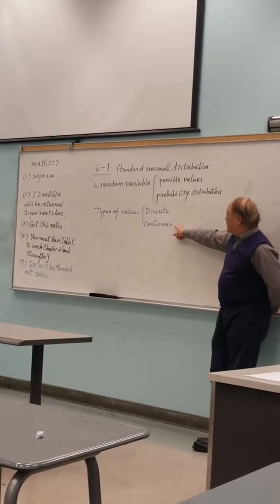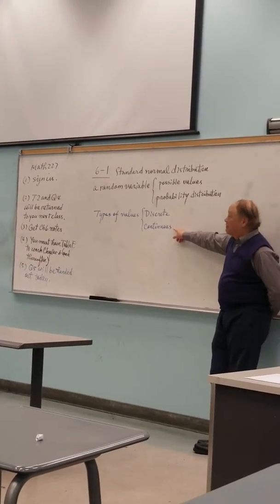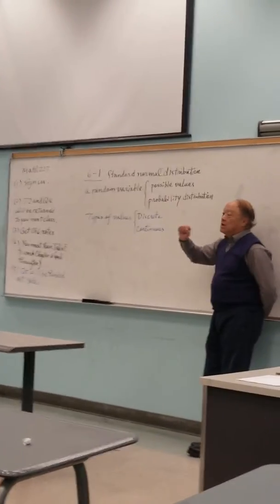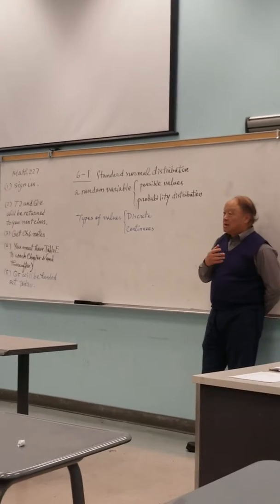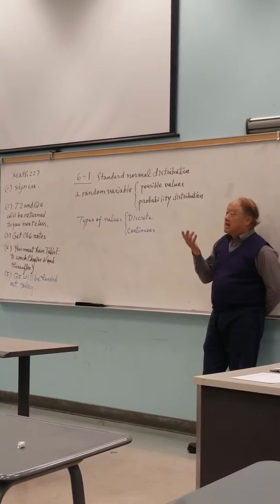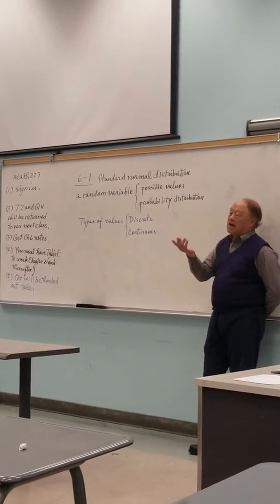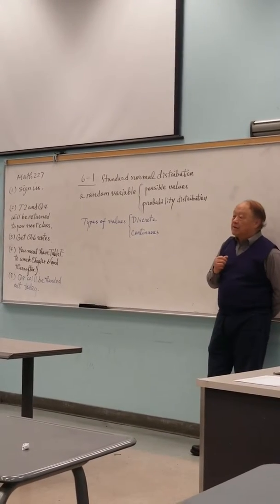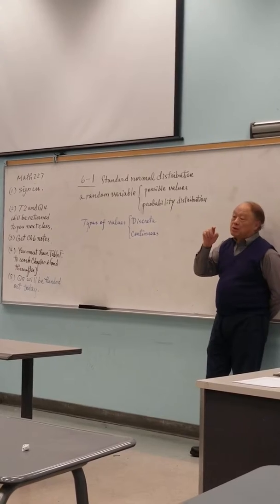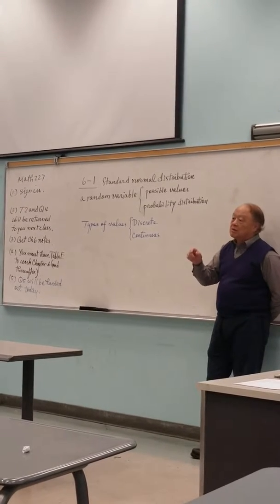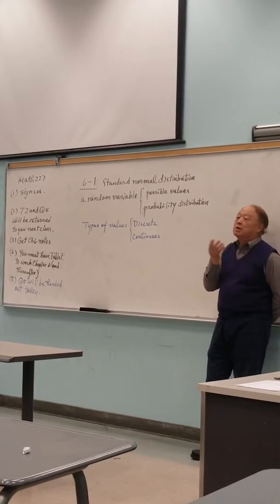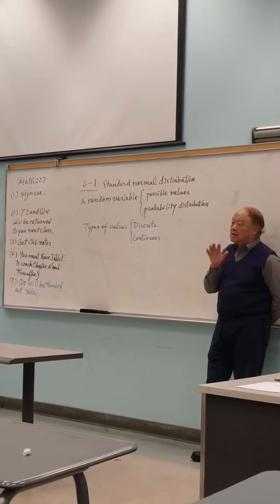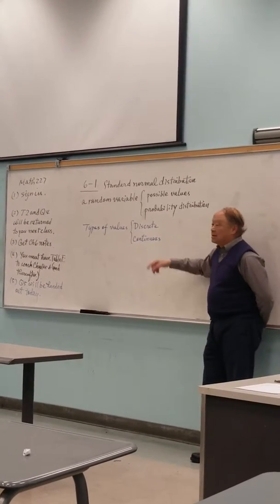On the other hand, continuous, what does it mean? For example, suppose you check temperature. 72 degrees, a possible value. 73 degrees, a possible value. But any number between 72 degrees and 73 degrees is also a possible temperature. No gap, continuous.